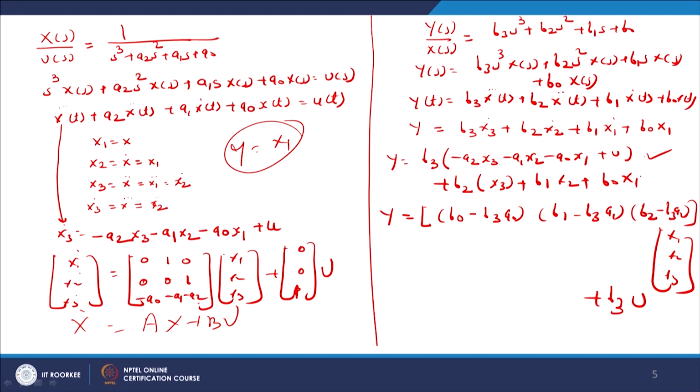So, you will find that in this output both the elements of numerator and denominator are involved. As we know, b0, b1, b2 are the terms of the numerator, and a0, a1, a2 are the terms of the denominator. Both are involved, whereas earlier only y equals 1 0 0 was involved.